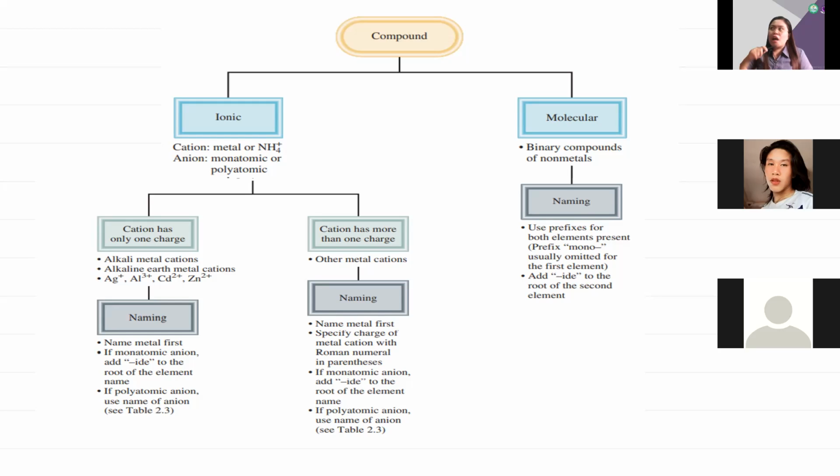The anion is also named with an ending of IDE. If it is a polyatomic ion, go directly to its name. That's how we name ionic compounds.